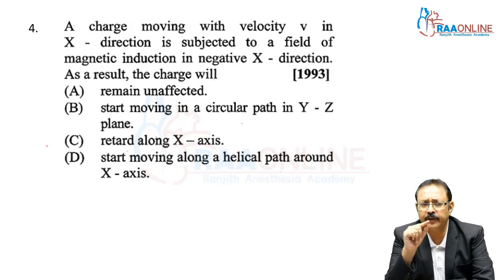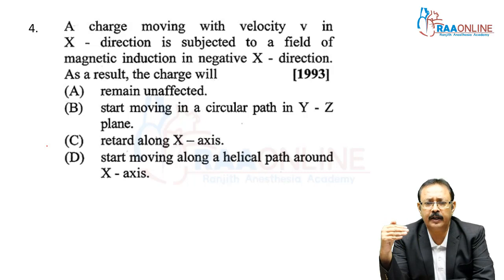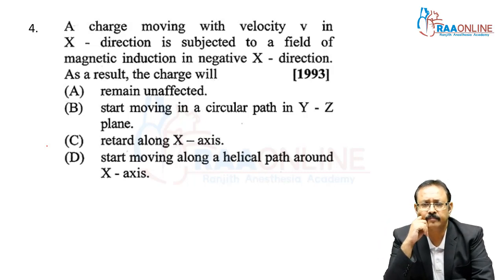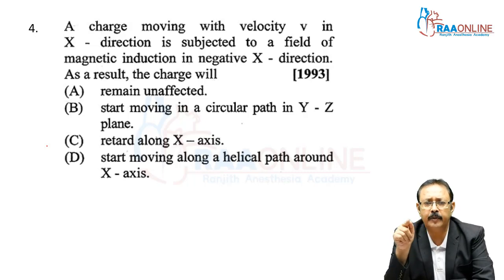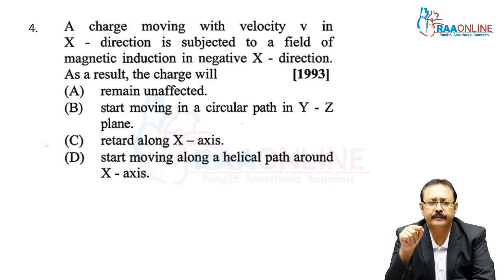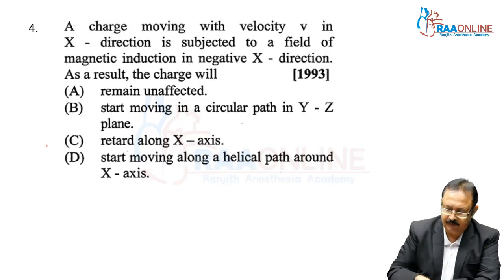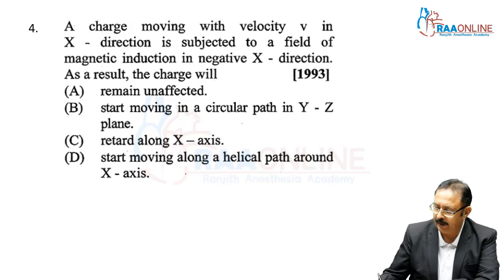Electron was moving with velocity in x-axis direction. The magnetic field is opposite to the velocity. It means angle between v and B is 180 degrees and sine 180 is 0. What was the formula? F was qBv sin theta, Lorentz force.